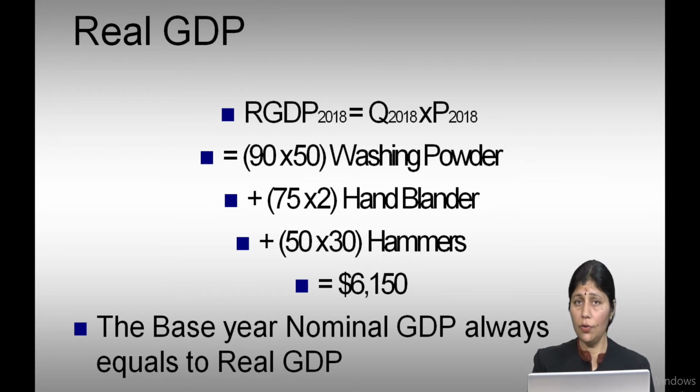Now, as an assumption we are taking 2018 as the base year, but in actual the Indian government has taken 2011 as the base year. To simplify the calculations, we are taking 2018 as the base year so you can better understand the concept of nominal GDP and real GDP.